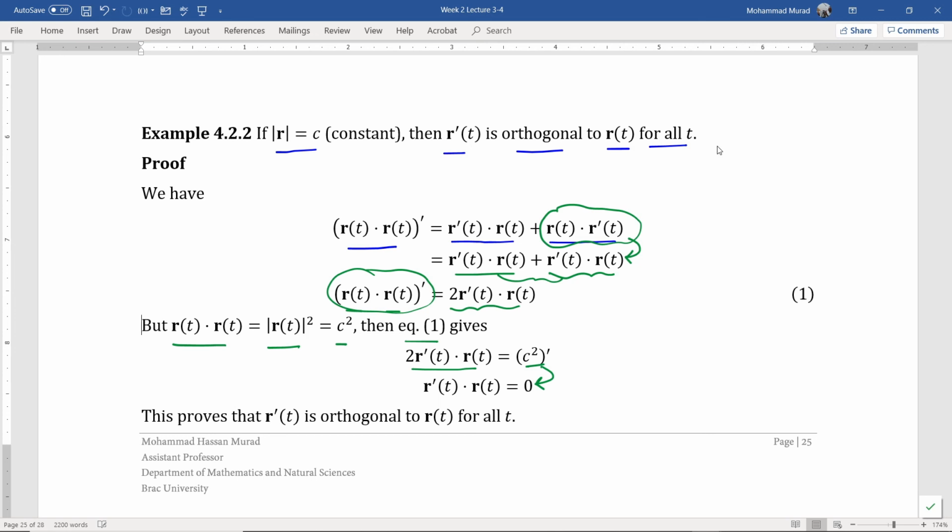And then we divide the equation by the factor 2. Since the dot product of these two vectors R prime and R equals 0, this proves that the vectors R prime and R are perpendicular to each other, or orthogonal to each other, for all values of t.